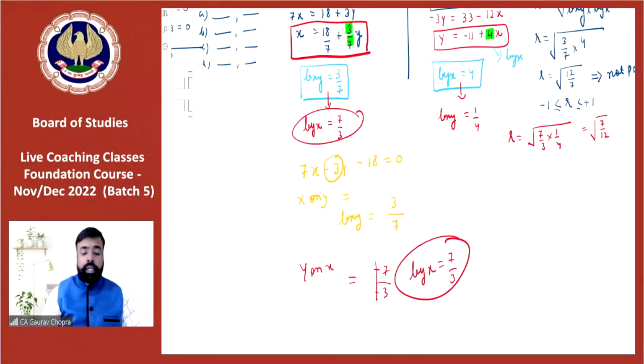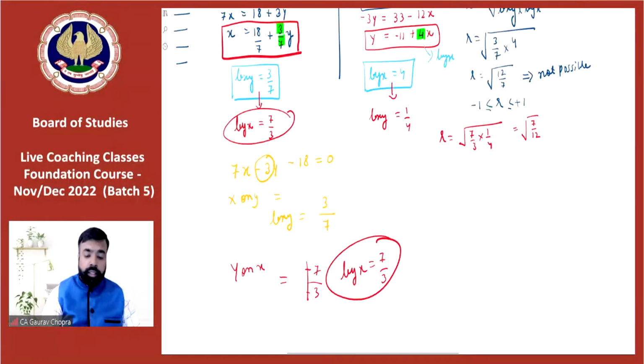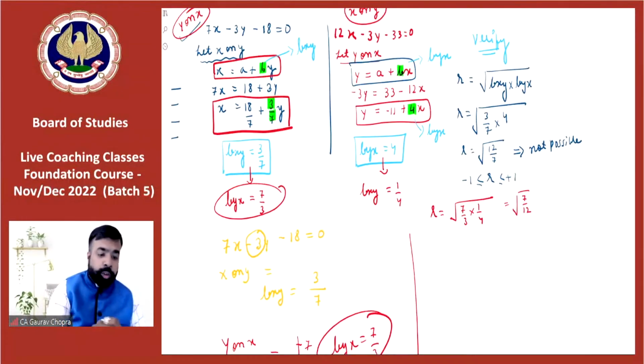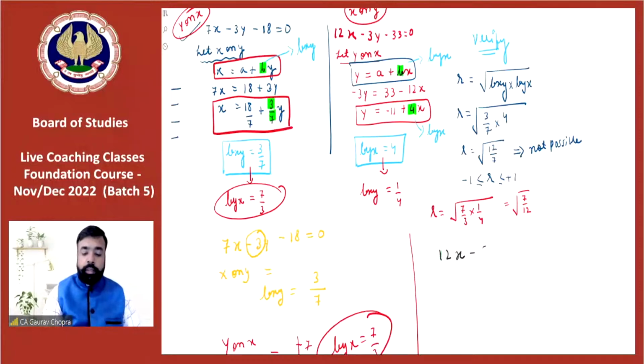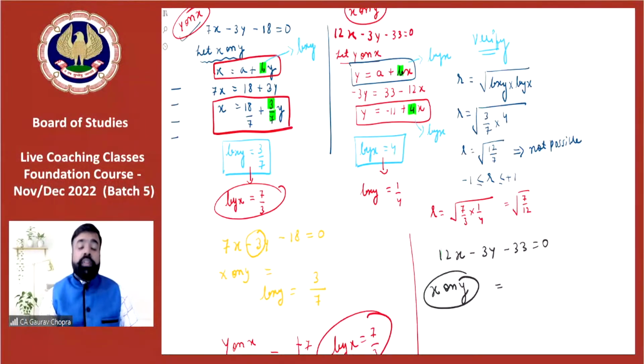I think I have done the explanation in the shortcut manner as well. So similarly, let me explain the other side also, so that in case of any doubt left, it will be solved. So 12x minus 3y minus 33 equal to 0. Now, if you assume this equation as x on y, that means the coefficient of x will come in the denominator.